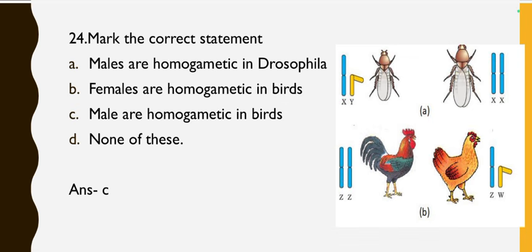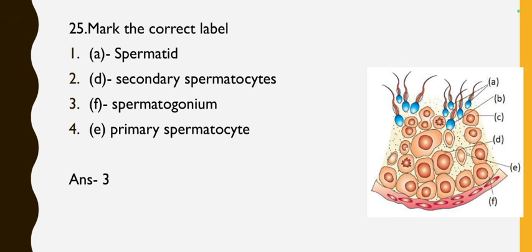Mark the correct statement. Here, the correct statement is option C, males are homogametic in birds. Mark the correct labeling. In this diagram of a seminiferous tubule, the correct labeling is option 3, F is spermatogonium.